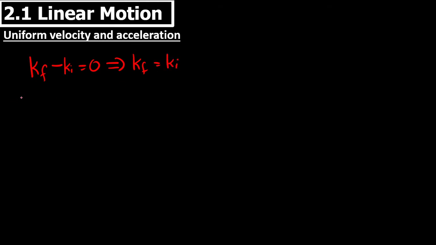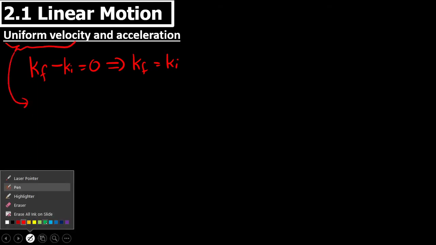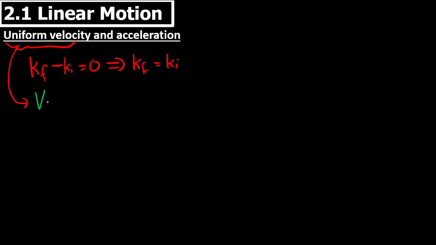So when we say uniform velocity, it implies that our final velocity will be the same as our initial velocity. So what that means is that your delta v will be 0. What that means again is that your average acceleration will be 0.